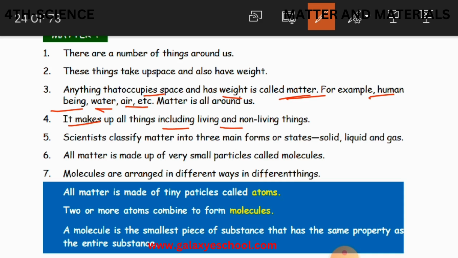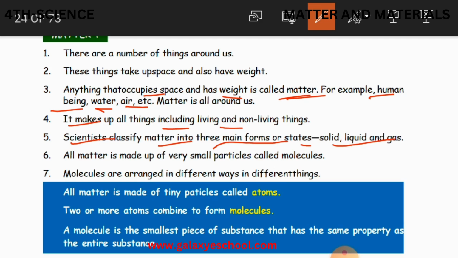Scientists classify matter into three main forms or states, which are solid, liquid and gas. For example, stone is a solid, water is a liquid, and water vapor is a gas.